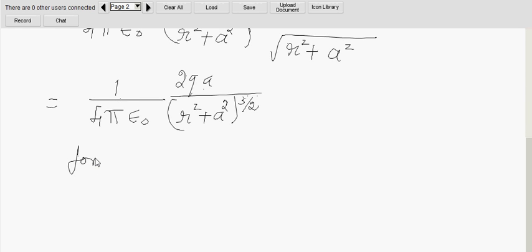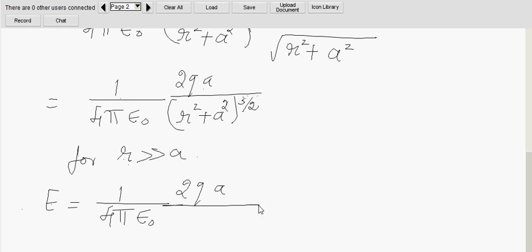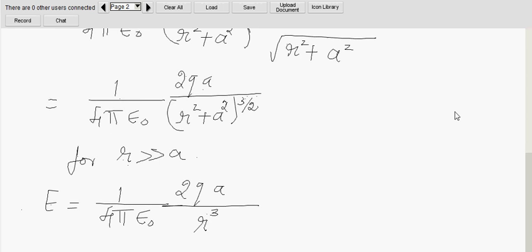For r very much greater than a, we get E as 1 by 4 pi epsilon naught into 2qa divided by r cube, because r square to the power 3 by 2 gives r cube, and we know 2qa is nothing but p.